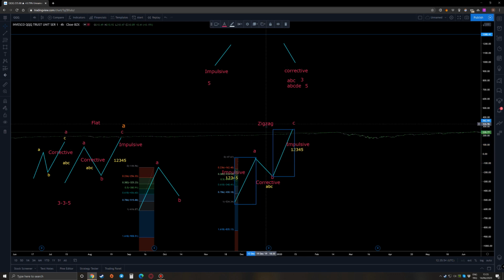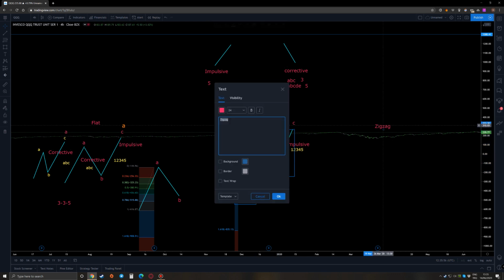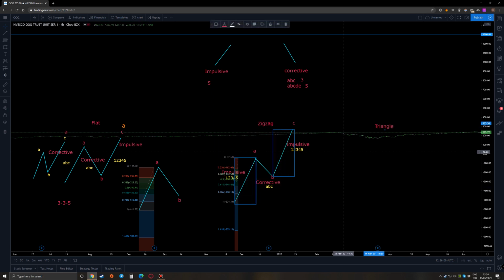Now we have a triangle. If you have a triangle, it means that you are looking for an A, B, C, D, and E. What does a triangle look like?